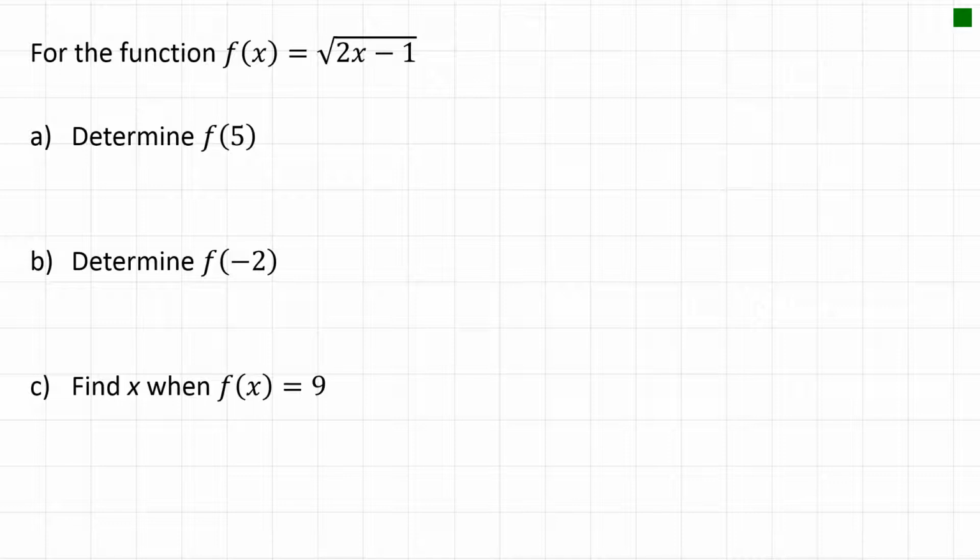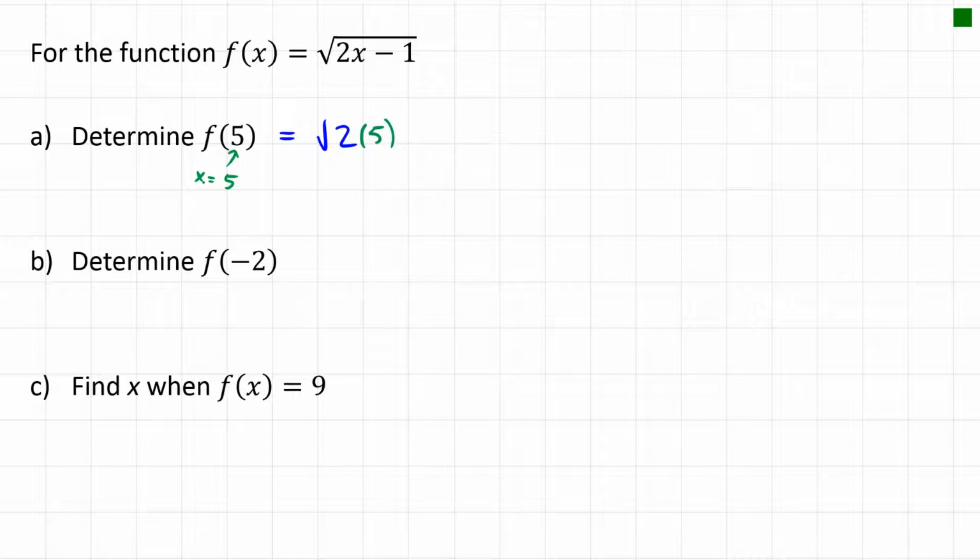So for example, if we have this function f of x is equal to the square root of 2x minus 1, we can determine the value of this function at x equals 5. So 5 has replaced x in the bracket, so that means that x equals 5. What would that look like? In our expression where we had x, we now instead have 5.